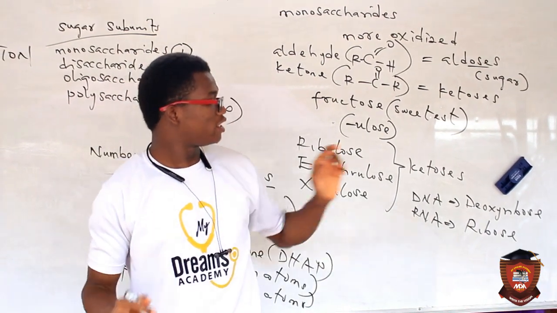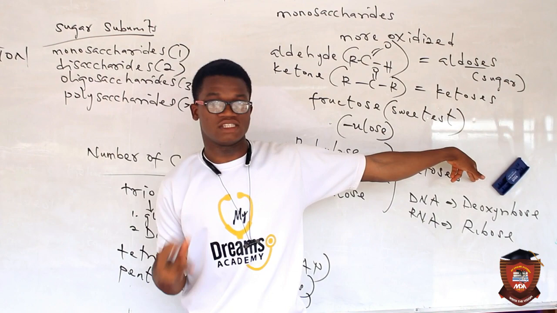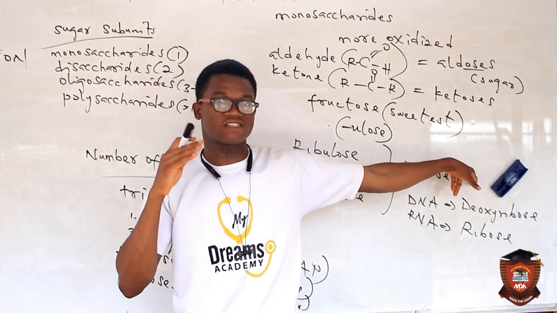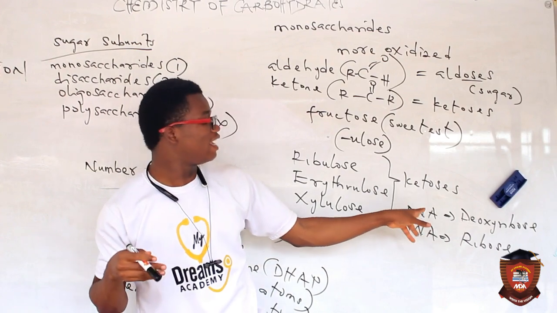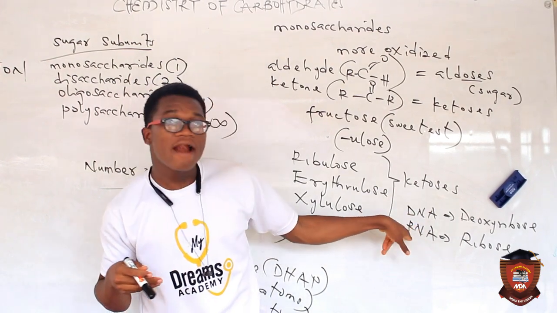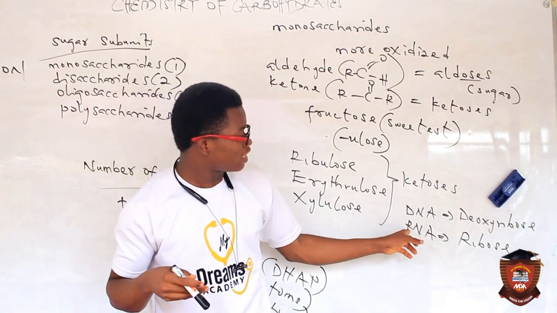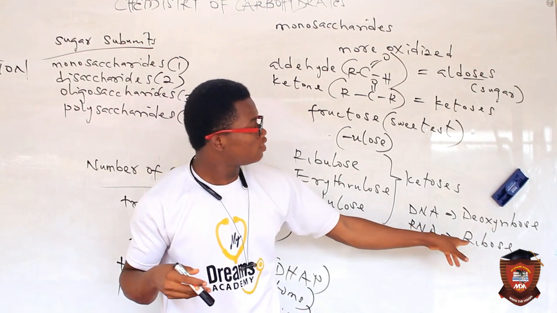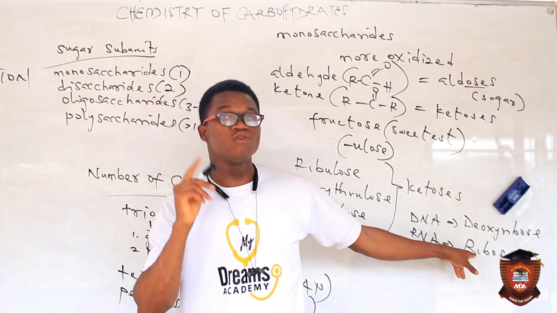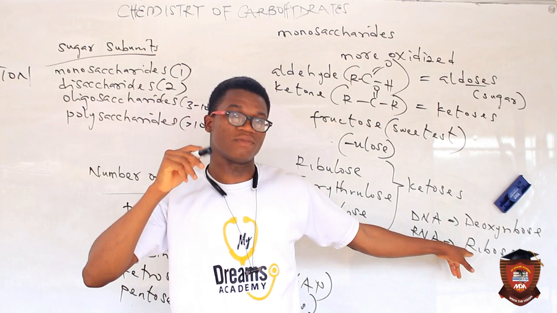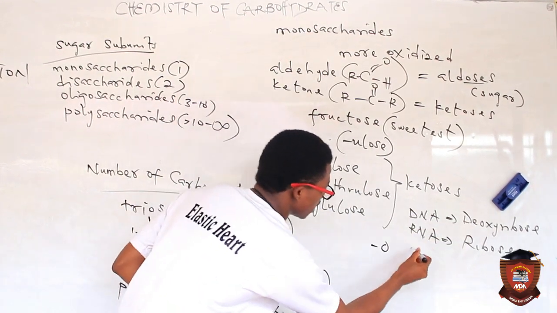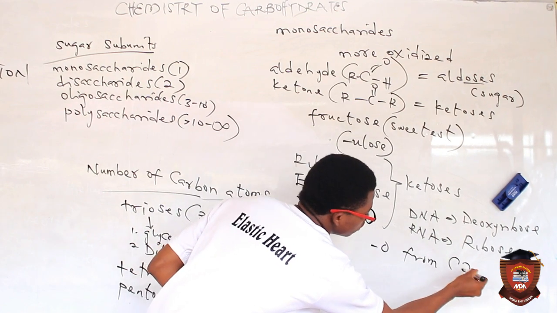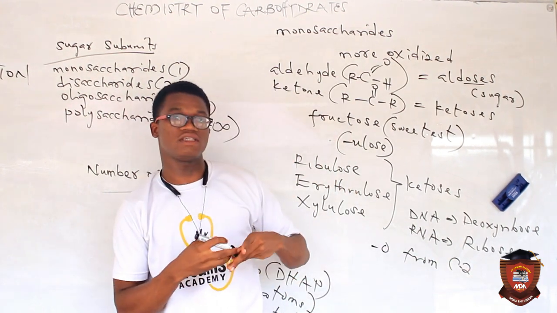But it is worth mentioning that deoxyribose is not found in nature. It is found in a molecule of DNA, but it is from RNA, because what we first get is an RNA. But when the sugar unit of the RNA loses one oxygen atom at carbon 2, so when you remove an oxygen from carbon 2, you get your deoxyribose.